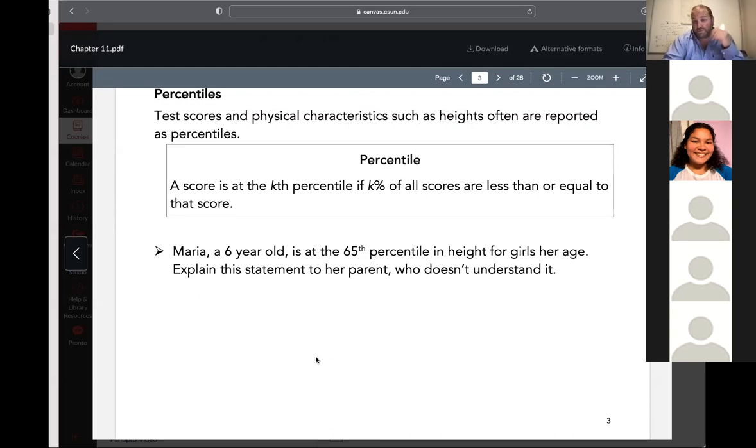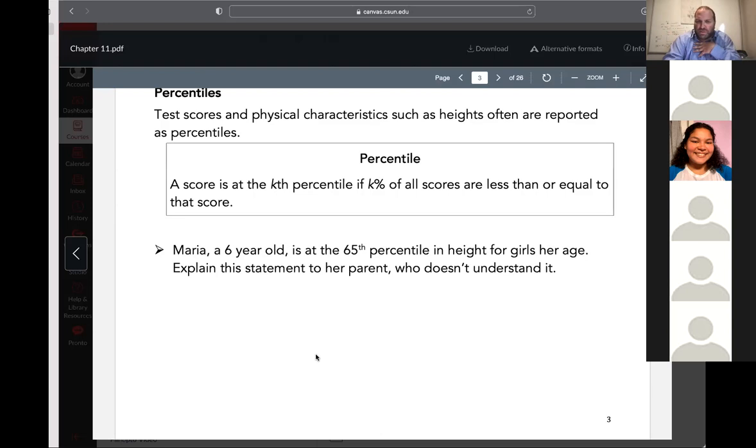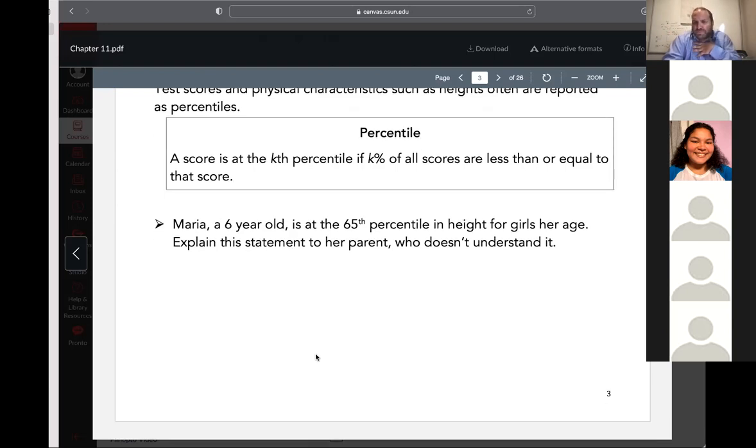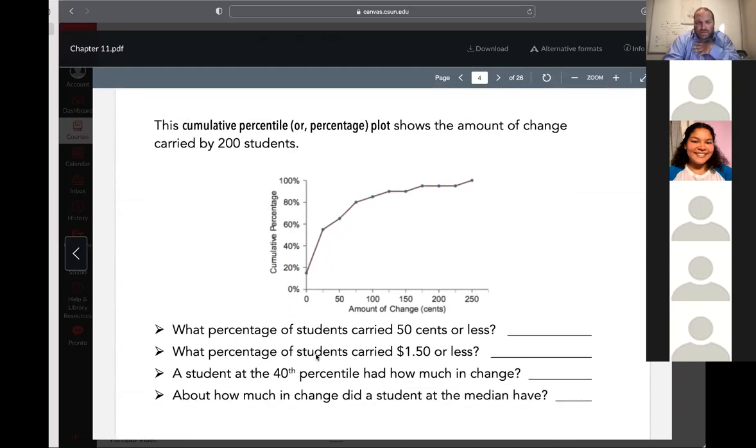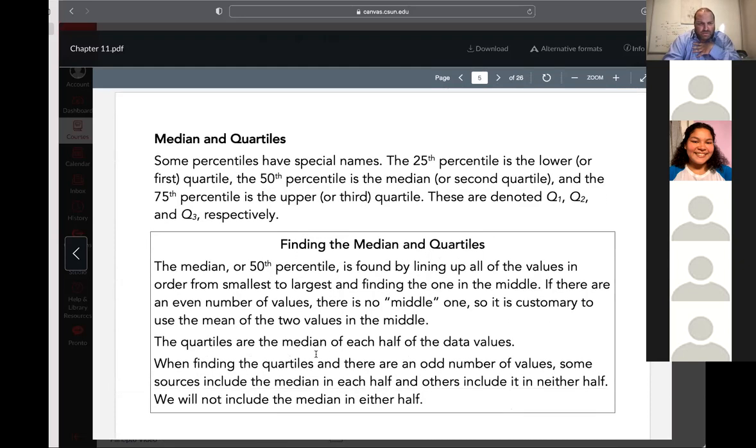That's exactly what I would say. And that's exactly what it says, right? Your child, Maria, is taller than 65% of all girls her age. So she is in the upper end of the spectrum, but not too far up. She's a little bit above average. Does that make sense? Yeah.